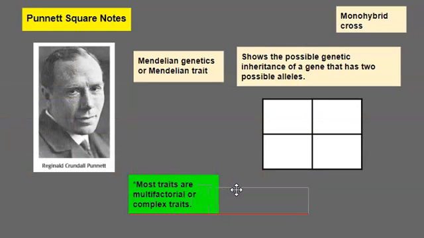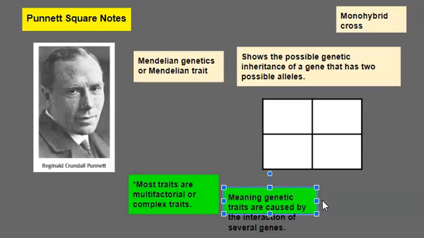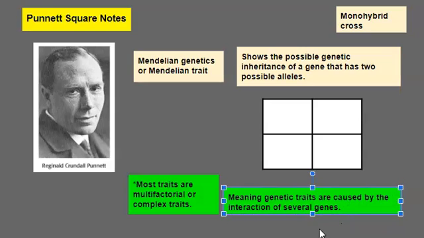And what that means is that most traits for a human are actually caused by the interaction of several genes. So most human traits are not Mendelian.